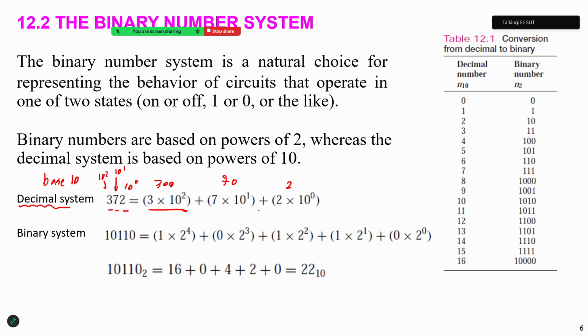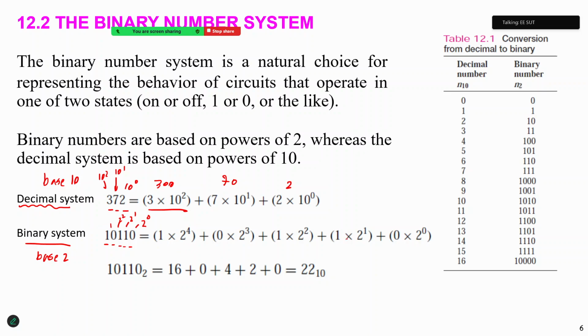And the binary system is a similar computation, but in the base 2 system, right? So if we have 10110, it means the last digit will be multiplied by 2 power 0, and then by 2 power 1, 2 power 2, 2 power 3, and so on.